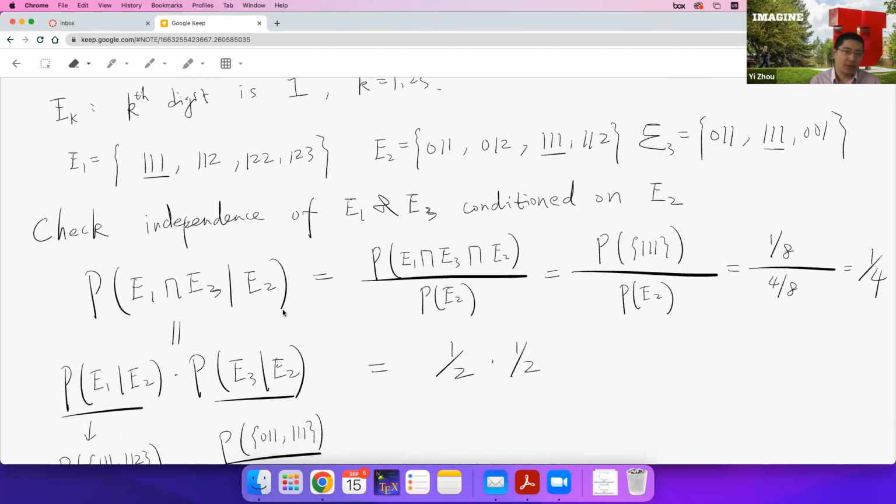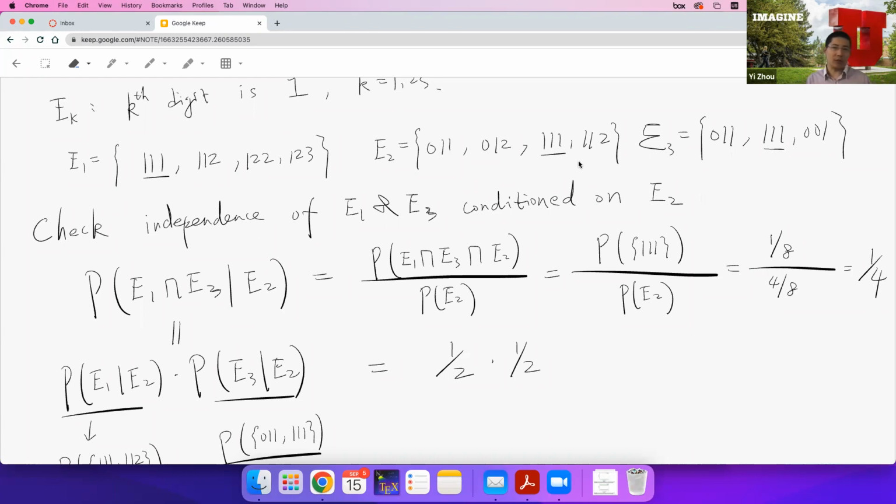So conditioning on E2, E1 and E3 have nothing to do with each other. That's what we call independence. And you can see that E1 and E3 have something in common, the common element 1, and even E2 still involves 1.